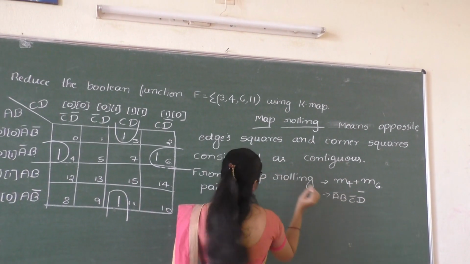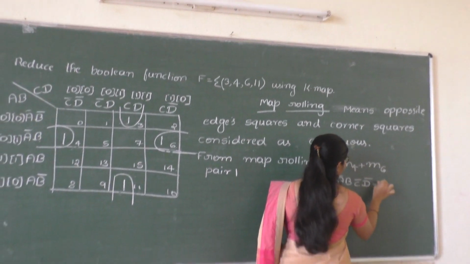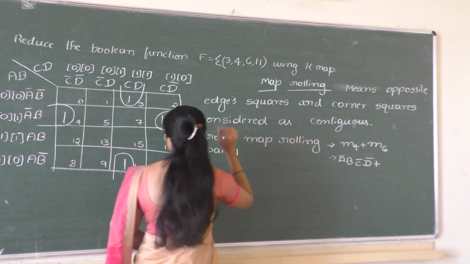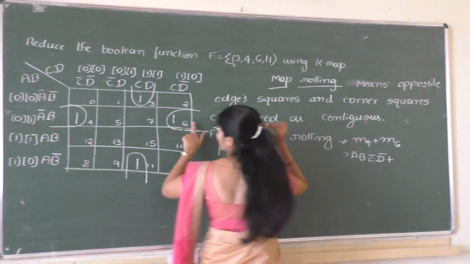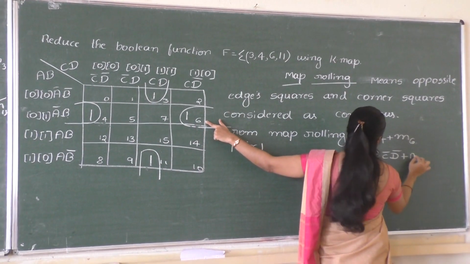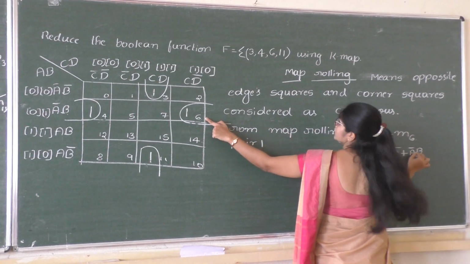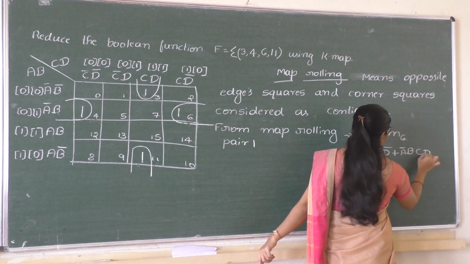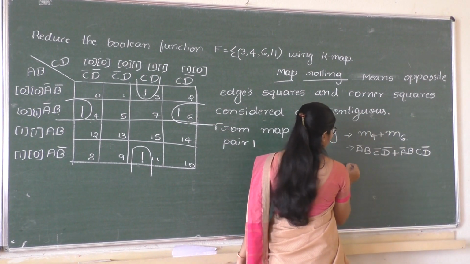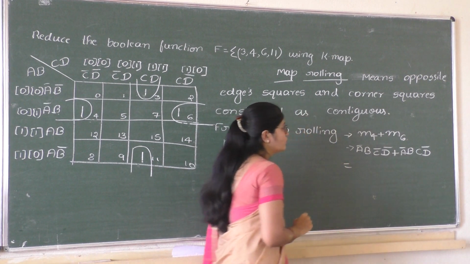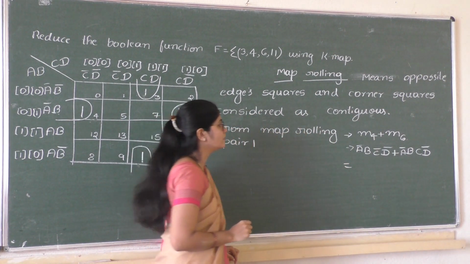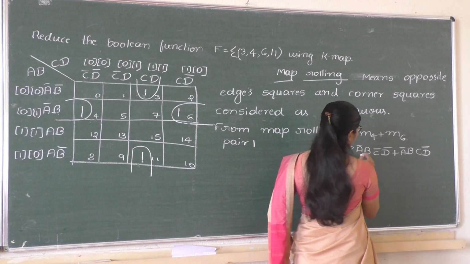A bar B, C bar D bar plus m6, min term in the sixth box, A bar B, C D bar. Now, common variables in the min terms are A bar.